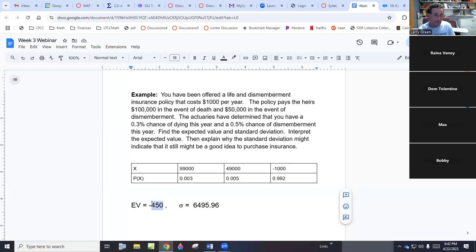And to interpret the expected value, you would say if many customers bought life insurance, then it would be very likely that on average, the amount of lost money per customer would be very close to $450 per customer. Any questions on that?